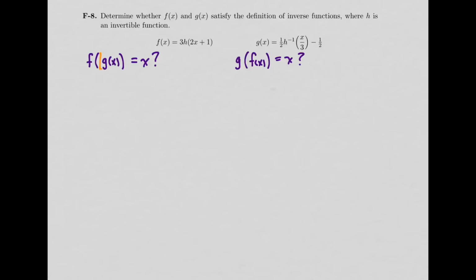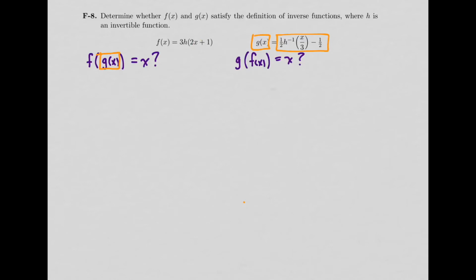I need to take this g of x and replace it with its formula, since g of x and this other formula are the same thing. If I take that g of x and put it into my f function, it's going to go in the spot where the x is.